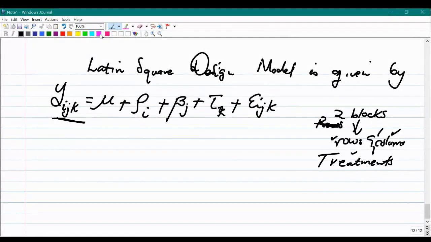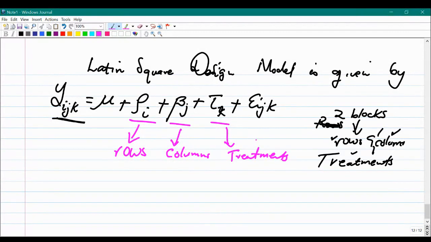So you must understand how to write the model based on the design that you are dealing with. This one is for rows, this one is for columns, and this one is for the treatments. Then you must indicate the range of the subscripts.